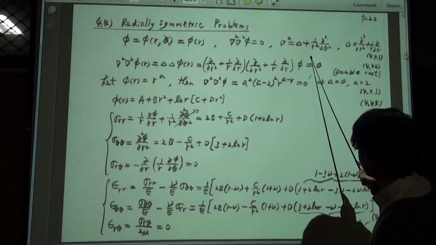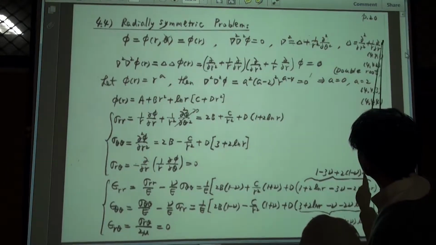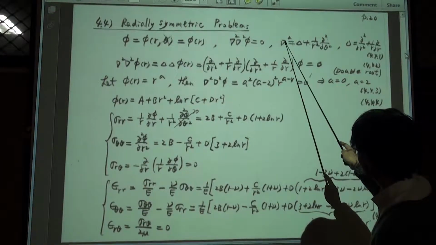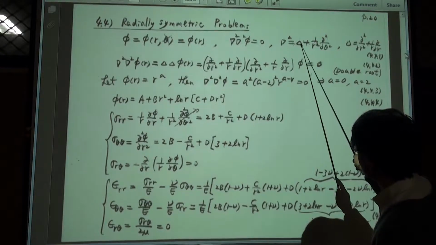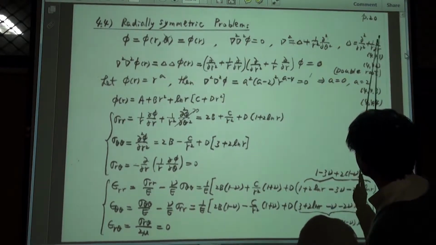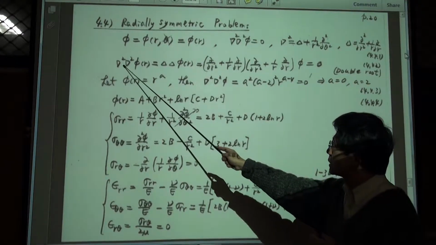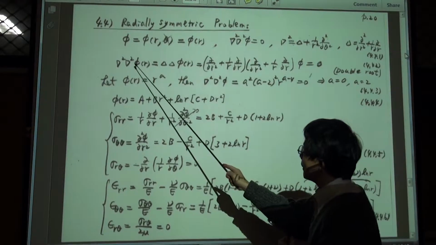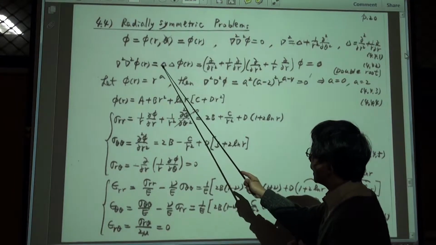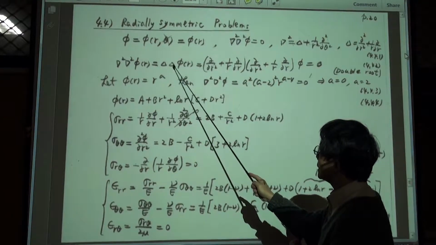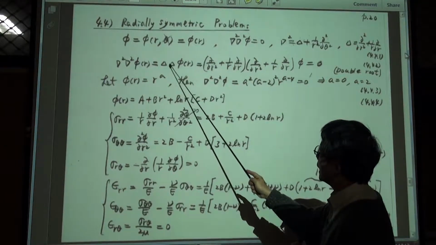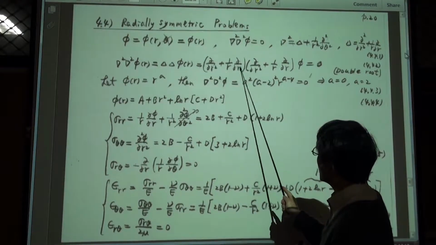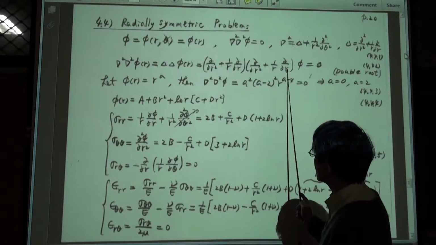So we just cancel it out and write the Laplacian as this operator. Starting from the biharmonic equation, we end up with this form: each operator equals this form.